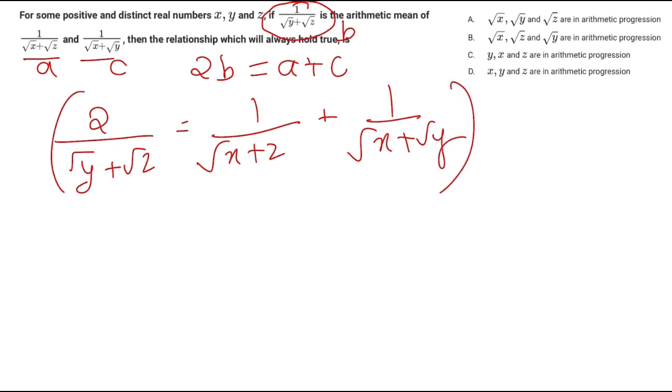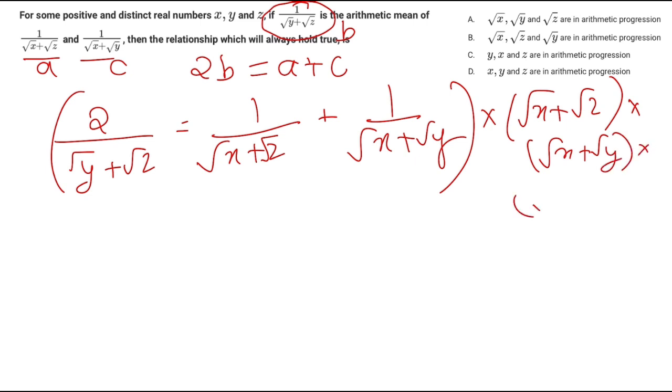Basically, you will have to multiply throughout by 3 terms: root x plus root z into root x plus root y into root y plus root z, right?